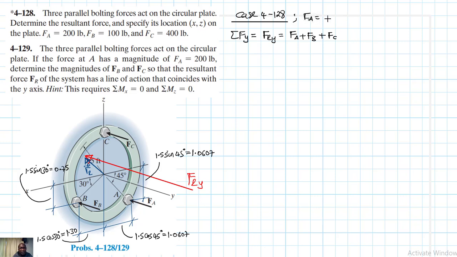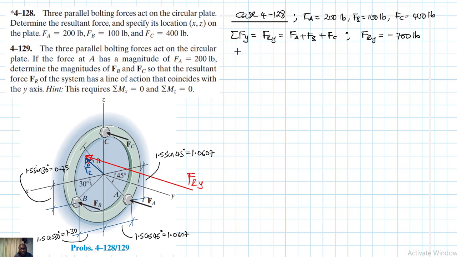FA is equal to 200 pounds. FB is equal to 100 pounds, and FC is equal to 400 pounds. Therefore, FRY is going in the negative direction. 200 plus 100, that's 300, plus 400, that's 700, so 700 pounds.